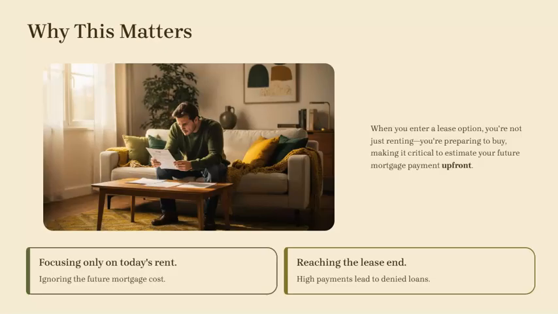Well, when entering a lease option, you're not just renting, you're preparing to buy, making it critical to estimate your future mortgage payment up front. If you're focusing only on today's rent and ignoring the future mortgage cost, when you reach the end of the lease, high payments could lead to denied loans.